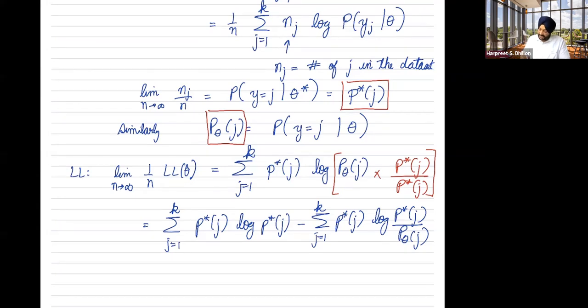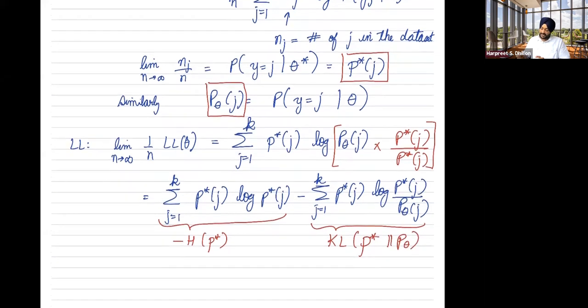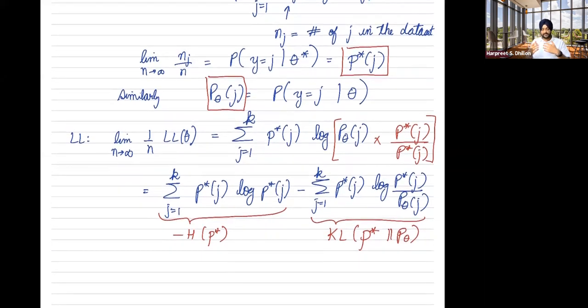Now, what is interesting is what these two terms represent. The first term is nothing but the negative of entropy, and the second term here is just the KL divergence. Now, if you maximize your log likelihood, let's write the maximization problem: argmax over theta of 1 over n, log likelihood of theta.